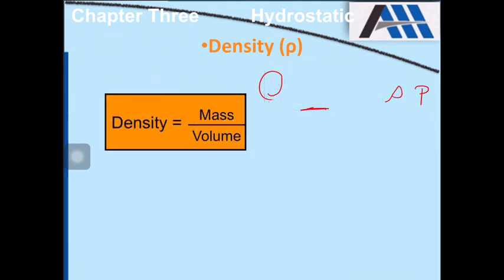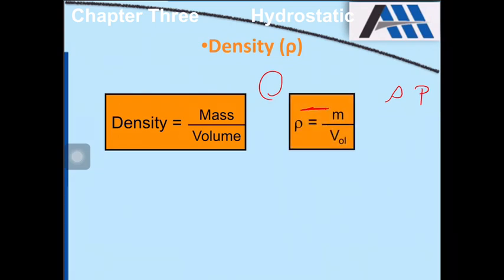The density is the relation between the mass and the volume, or in other words, it is the mass per unit volume. Rho equals M over V, the unit will be mass in kilograms and volume in meter cubed. It would be kilogram per meter cubed.